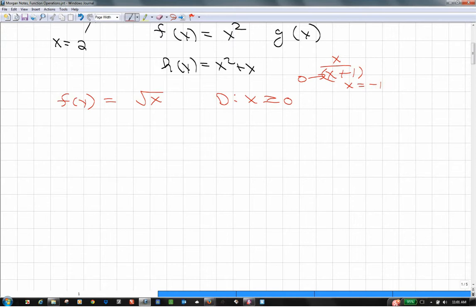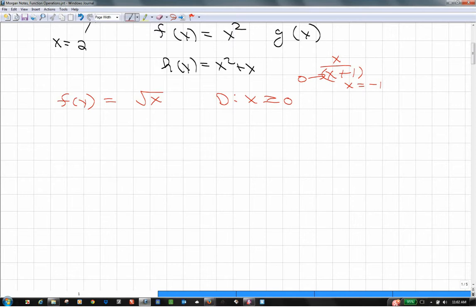And this is how it works. So if I have a function, and whether I'm adding, subtracting, multiplying, or dividing, my domain of the function is going to be the "and" of the two domains. The most restrictive are the combinations, so it'd be the "and".